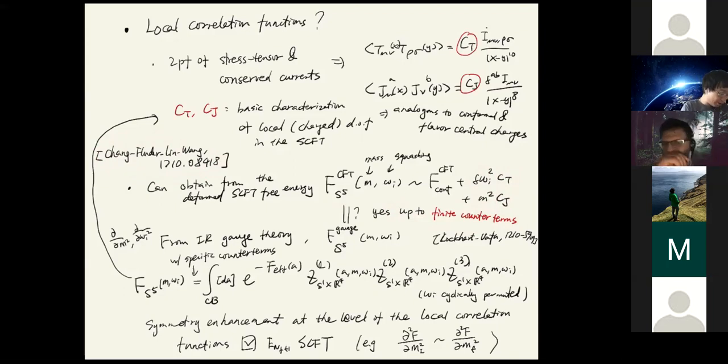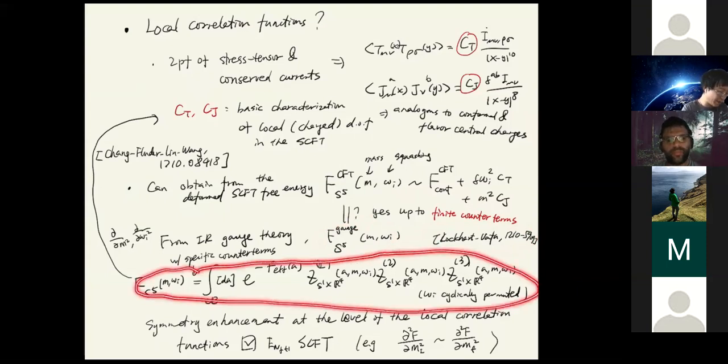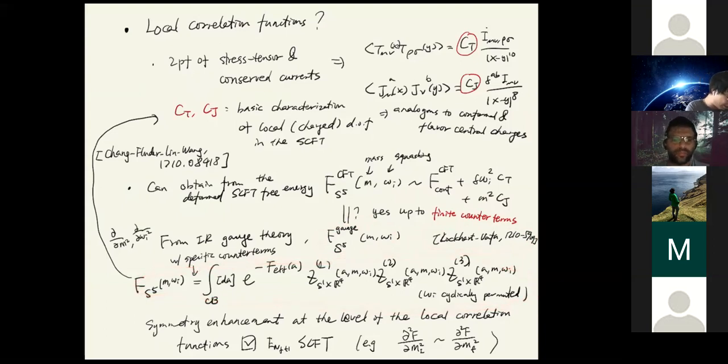So then you can use various known results to compute this free energy. There's a very nice paper from 2012 that described this from a geometric setup, and this free energy takes the following form. So this is actually e to the minus F. It's an integral over the real Coulomb branch of the 5D IR gauge theory, and the integrand involves the effective potential on the Coulomb branch, which we discussed previously, and some non-perturbative contributions.